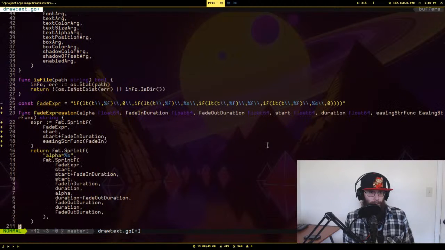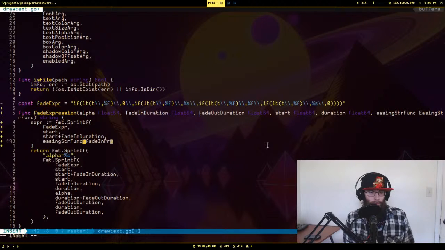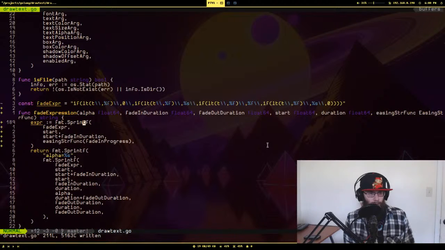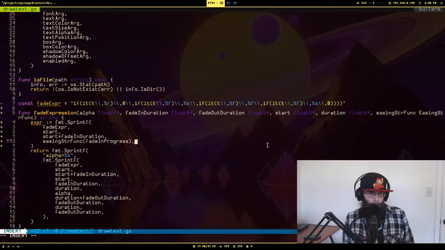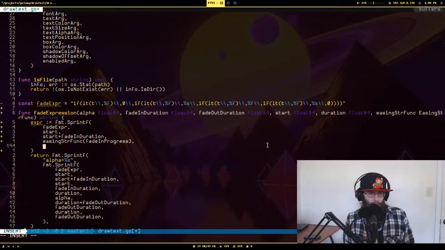Fade in progress. Is that okay? I'm assuming it's complaining because it doesn't have something. Actually, it doesn't really tell me why it's complaining. Oh, heck you. %s.